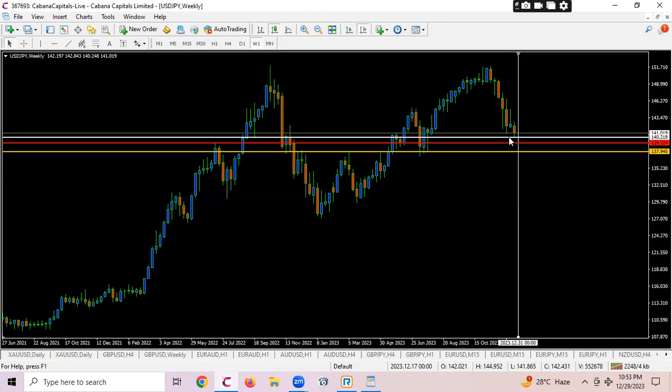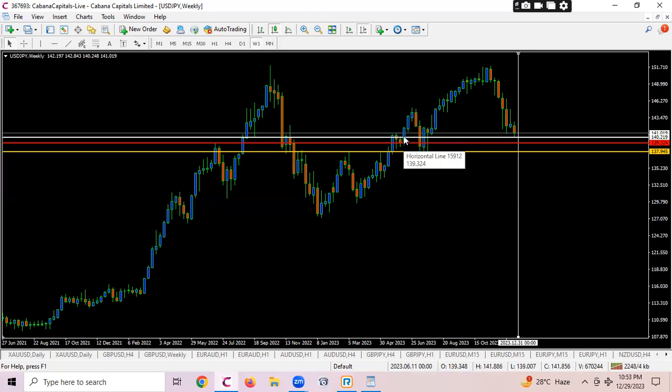So if you look at the weekly, this is what? Resistance. And also we had a resistance here, right? Can you see that? Yes, sir. This is a resistance. But now I would call this level a support. The reason is that this resistance has been broken.